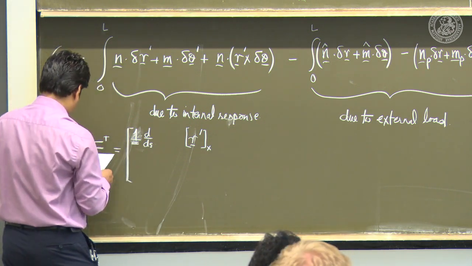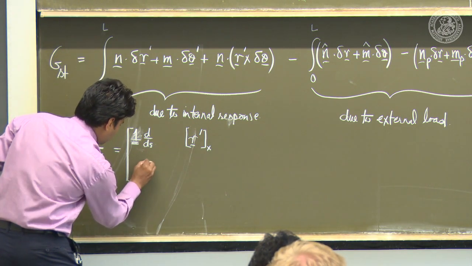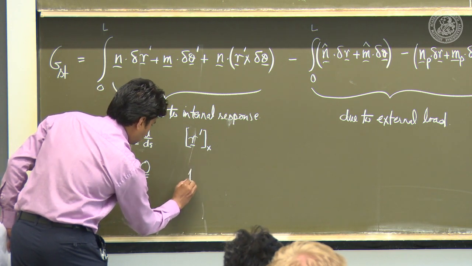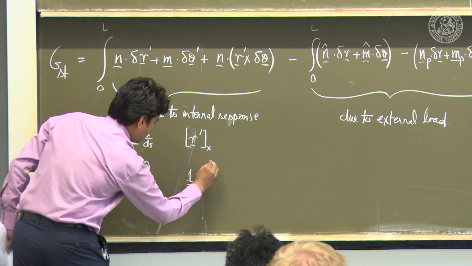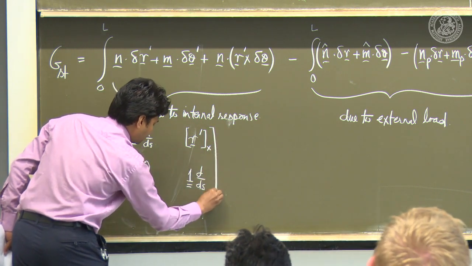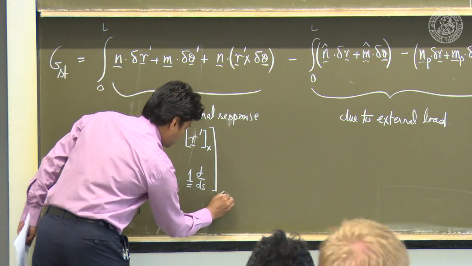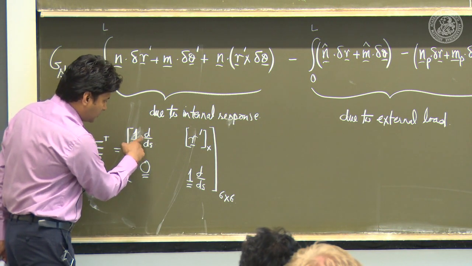Then what we have over here is a 0 tensor, and this is again the same 1 d over ds. Okay, so this is a 6 by 6 matrix, and each of them are individually 3 by 3.